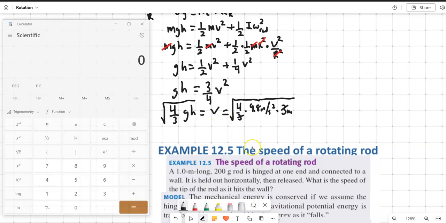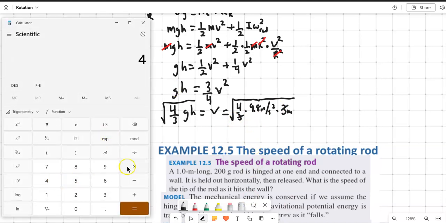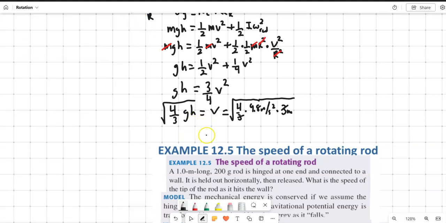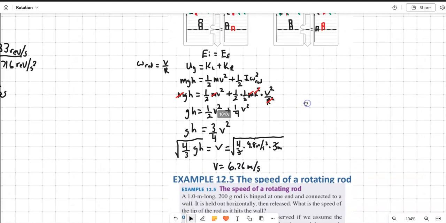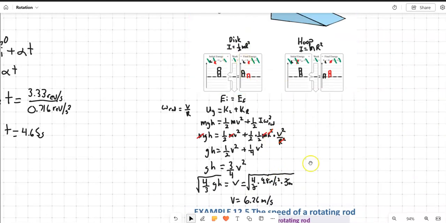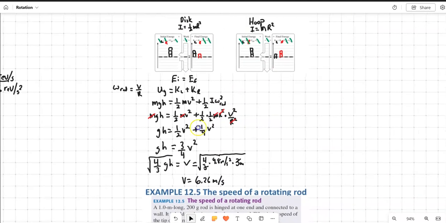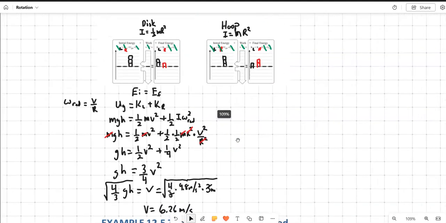So this is going to be 4 times 9.8 equals 39.2. Square root of that gives 6.26 meters per second at the bottom of the ramp. So the disk is going to be moving at 6.26 meters per second at the bottom of the ramp.